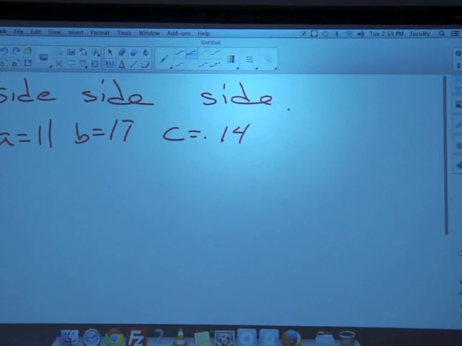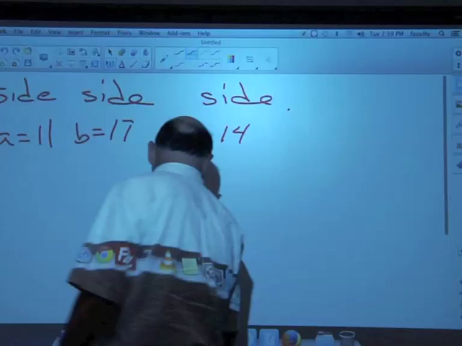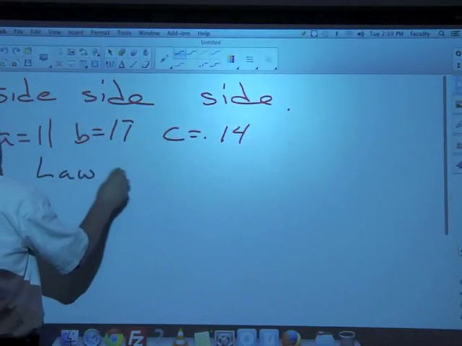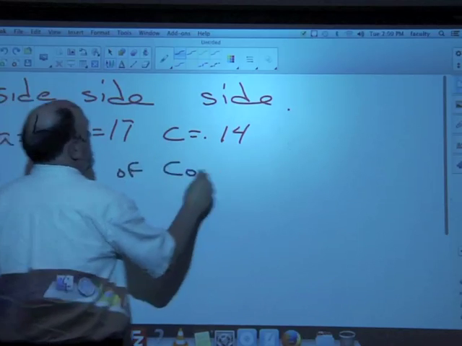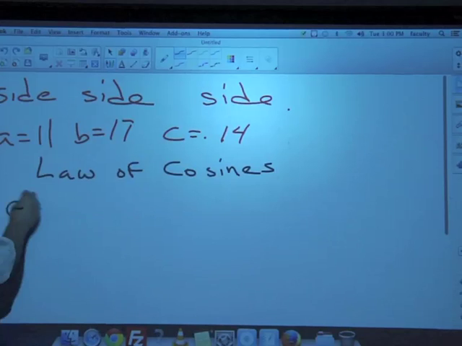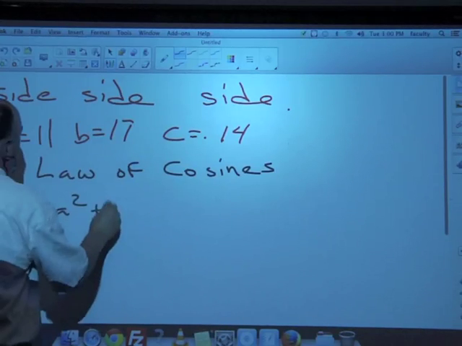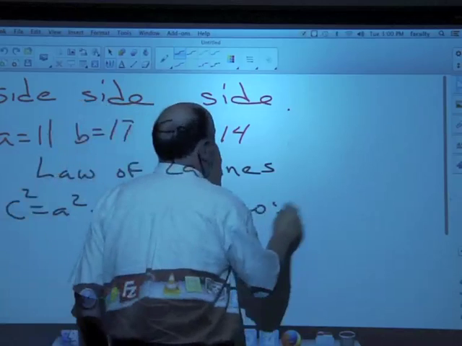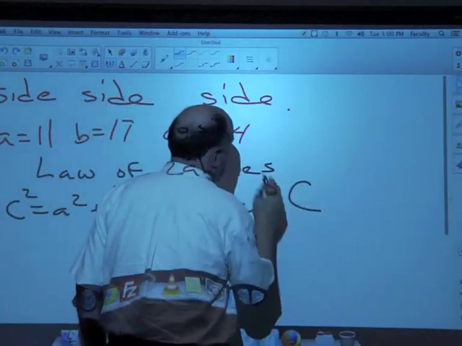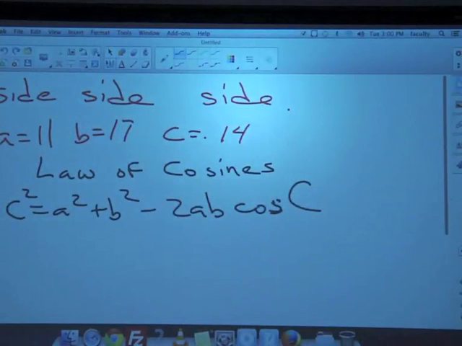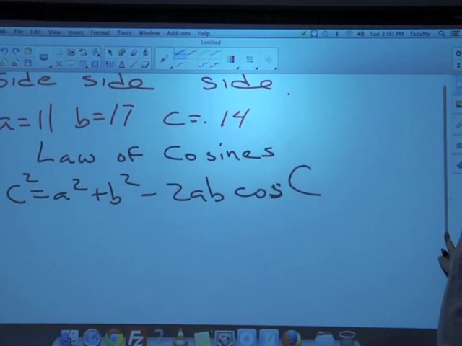So, law of cosines is this. C squared equals A squared plus B squared minus 2AB cosine of C. And I'll give you all three variations of that.